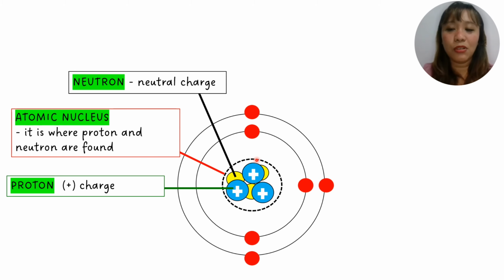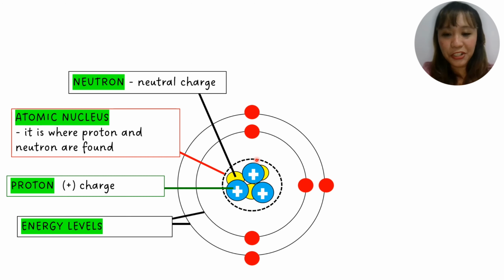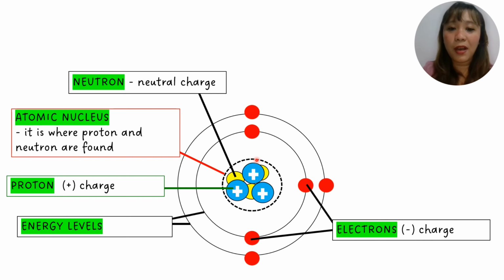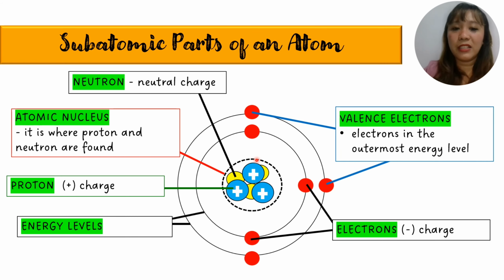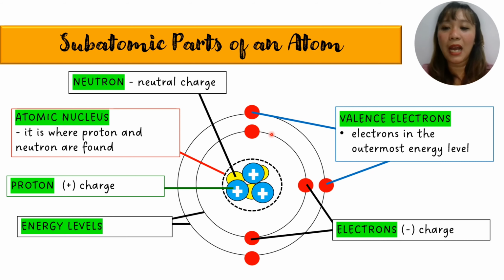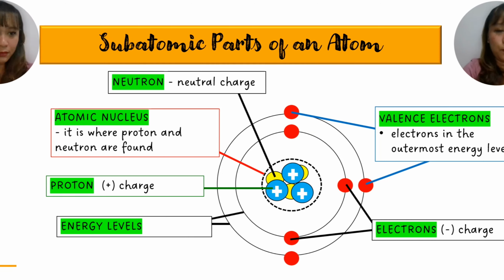Inside the nucleus, the proton and the neutron stay together. The energy levels, the rings that we were talking about, the electrons with negative charge, and the valence electrons. The valence electrons are the electrons in the outermost energy level. These electrons are in the outermost energy level of an atom.